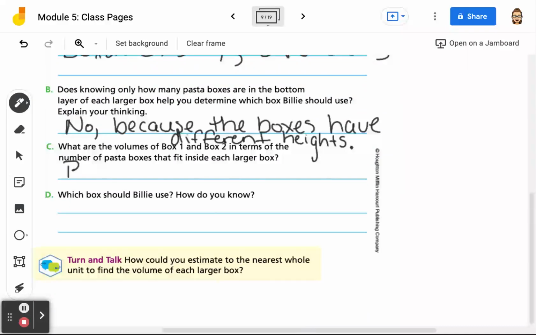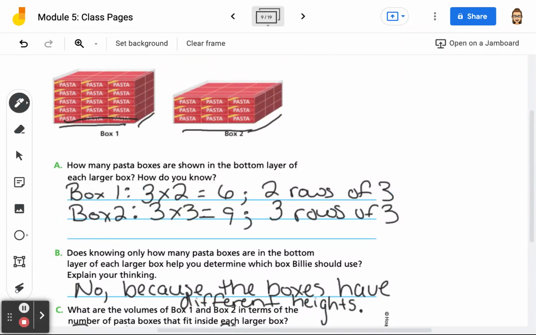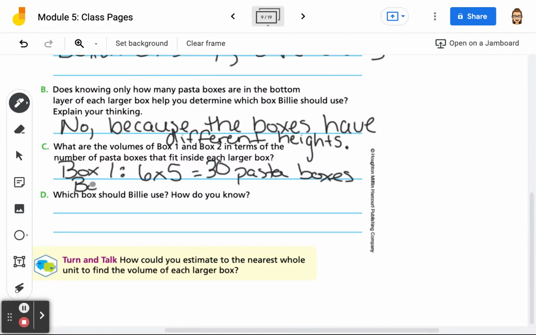So box 1 is going to be 6 times 5, which is going to equal 30 pasta boxes. Then if we come up here, we have the 9 pasta boxes on the bottom and the layer of 3. So box 2 is going to be 9 times 3, which equals 27 pasta boxes.